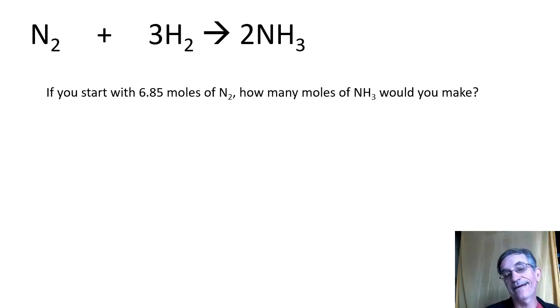All right, so what have we talked about so far? So far we've talked about how when you look at a reaction, the coefficients basically have to do with how much stuff is involved in the reaction. And you can think of those coefficients as conversion factors.